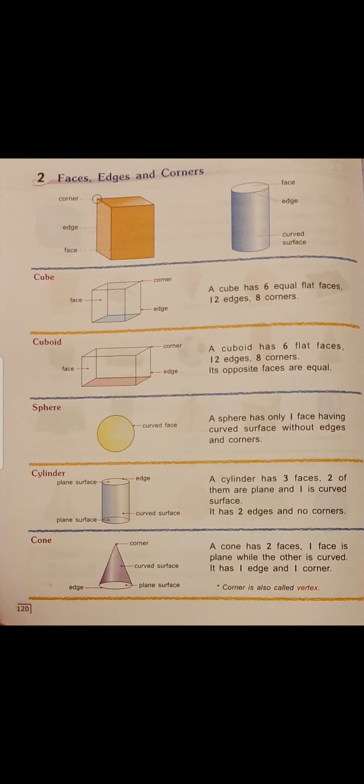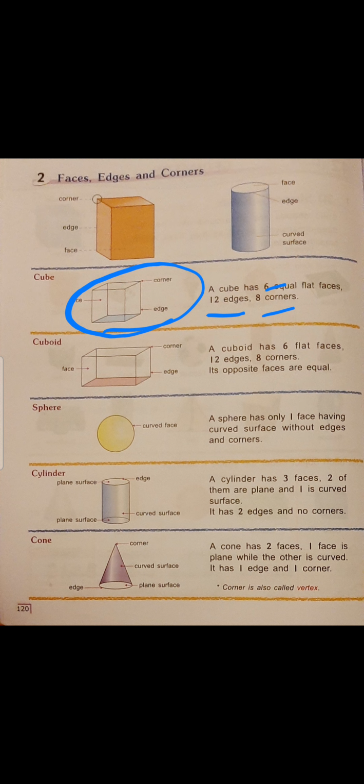A cube has 6 equal flat faces, 12 edges, and 8 corners. Have you understood now? If you see this type of object, we'll consider it as a cube object.